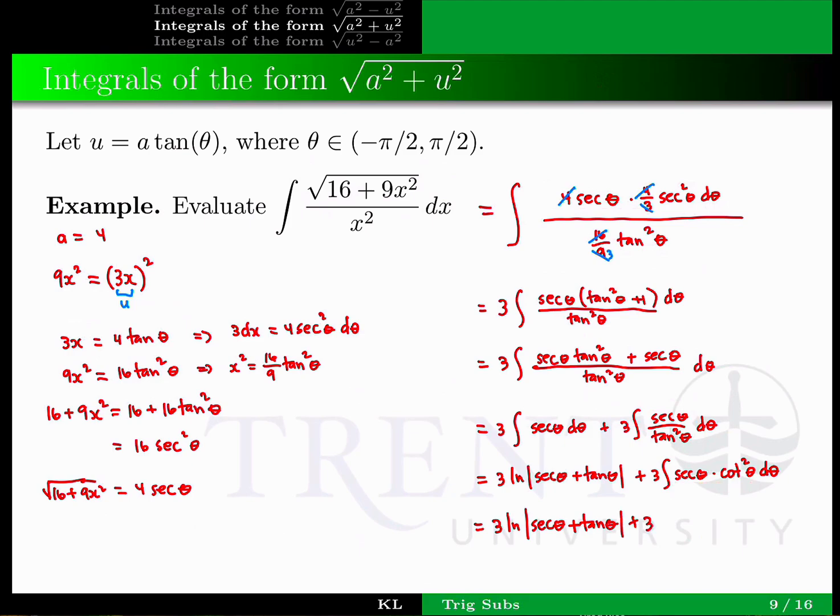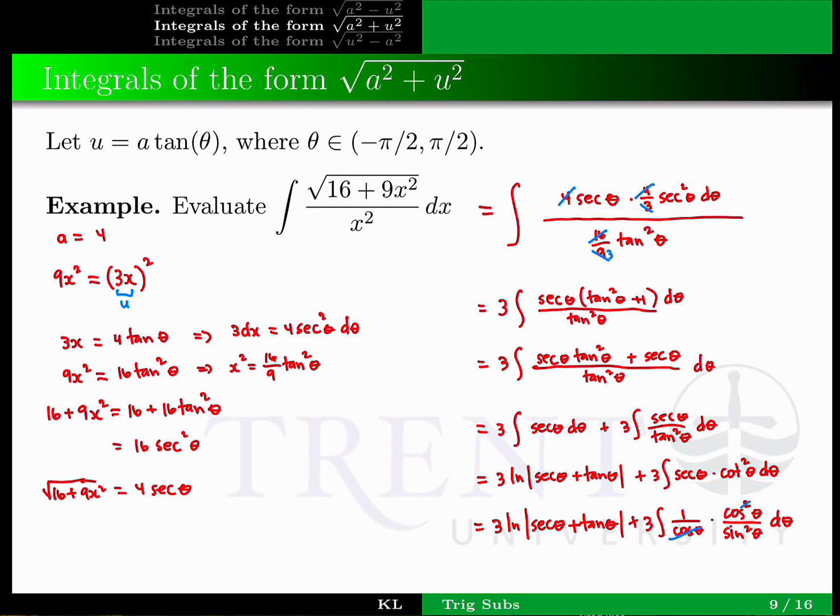Plus 3 times the integral, where secant theta is 1 over cosine theta and cotangent theta is cosine theta over sine theta. So this will be cosine squared theta divided by sine squared theta d theta. And in here, this will cancel one of the cosines in the numerator.